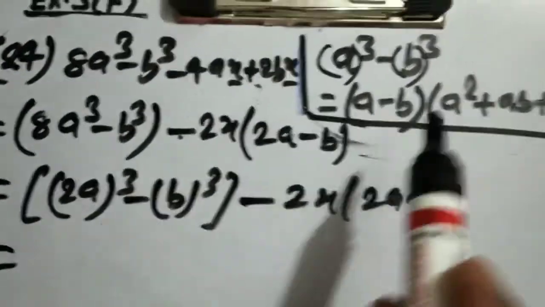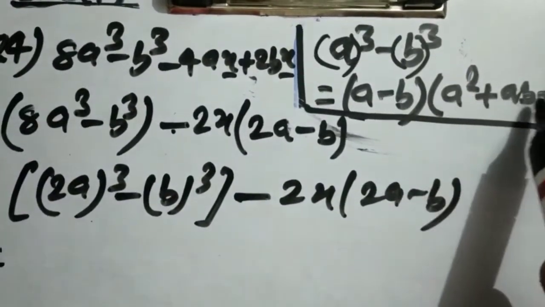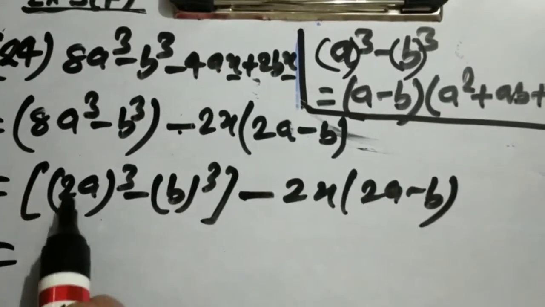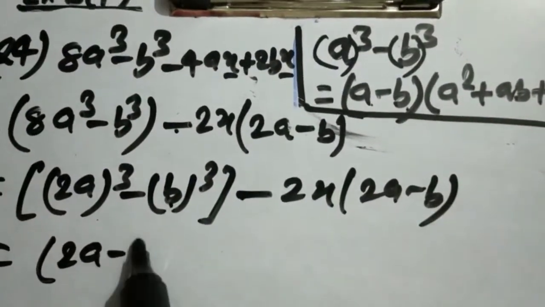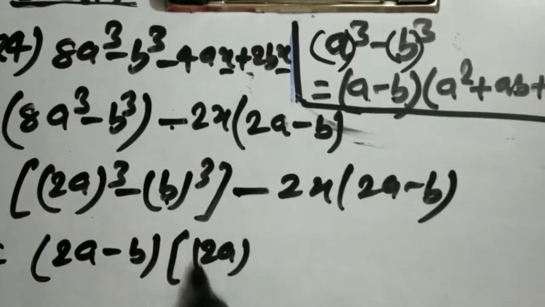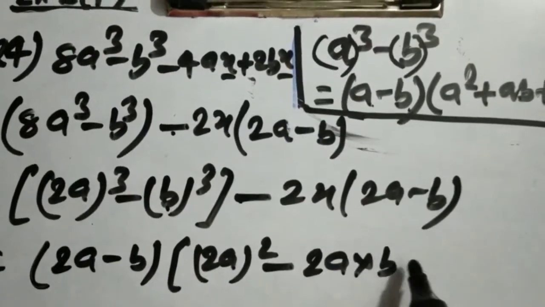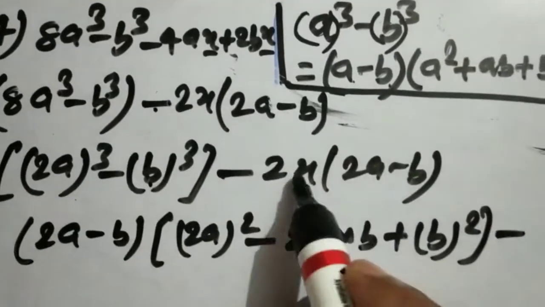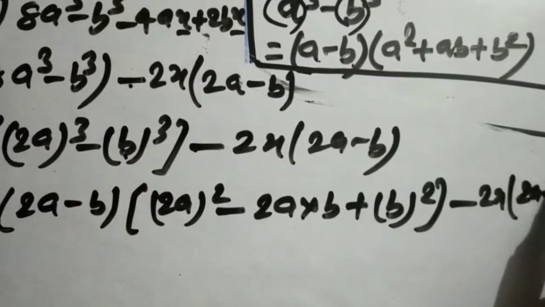Now here the formula we have already written: a cube minus b cube is (a minus b)(a square plus ab plus b square). So at the place of a here we have 2a, so write here (2a minus b), at the place of b you have to write b, and then you have to write a square, that is 2a the whole square, plus ab, that is 2a multiplied by b, and then b square, and then we have here 2x multiplied by (2a minus b).